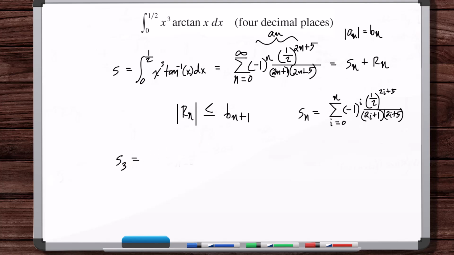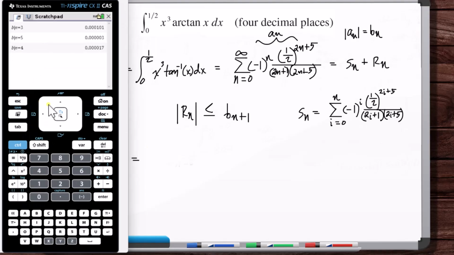What is that equal to? So we want to do minus 1 to the n times b, and that's going to be equal to a. That's what we're summing.